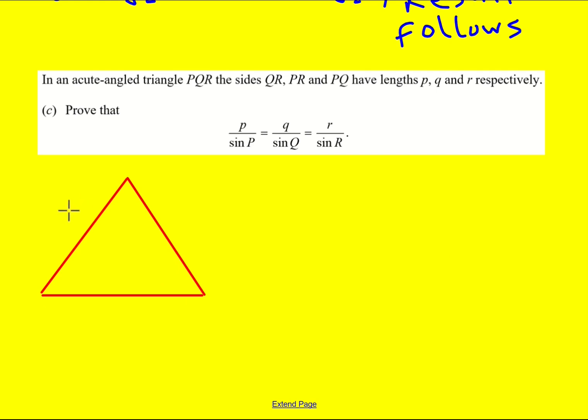Okay, so I can label these however I like. Little p, and then this will be capital P, little q, capital Q, little r, and capital R.